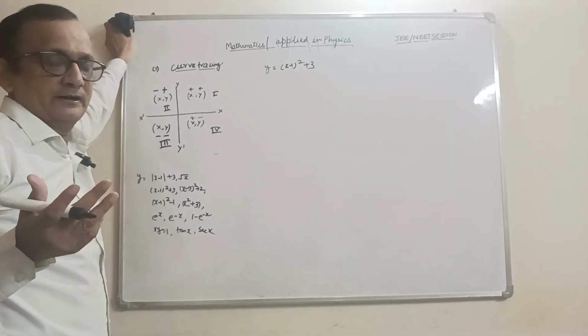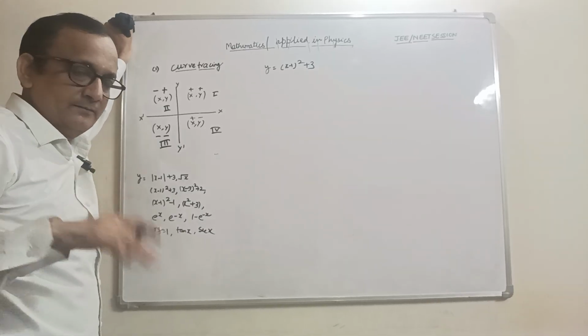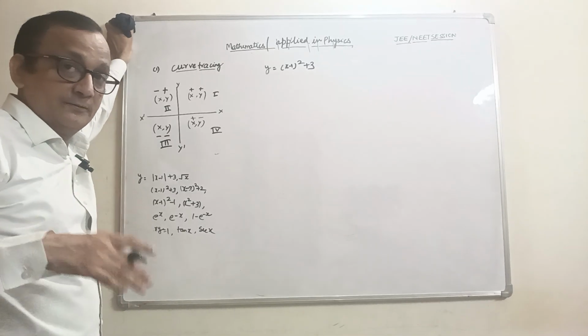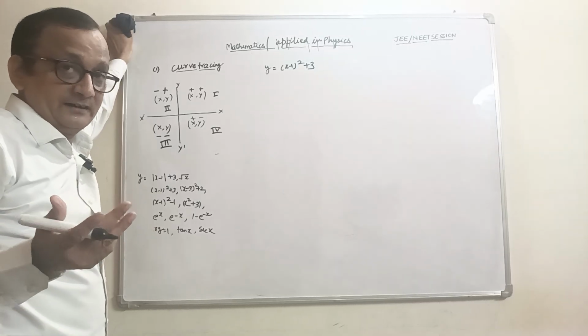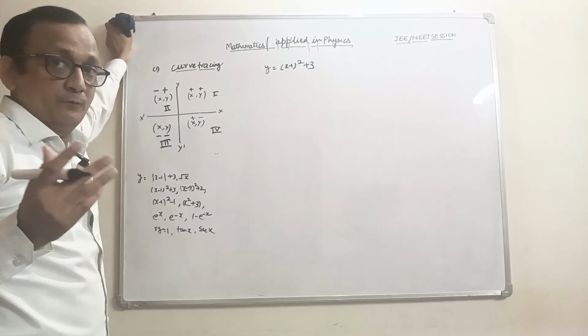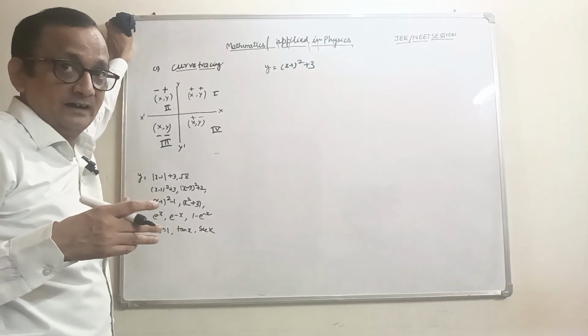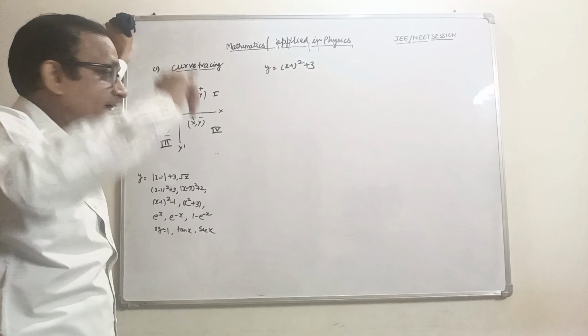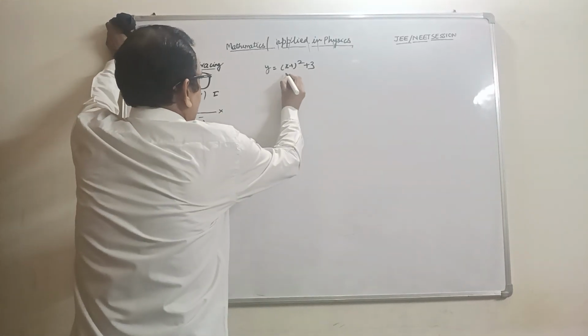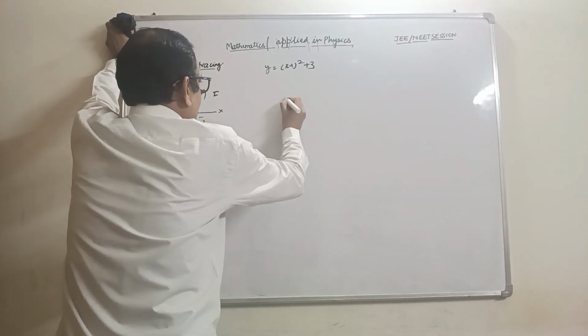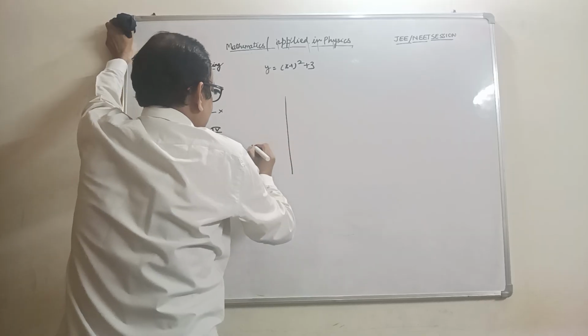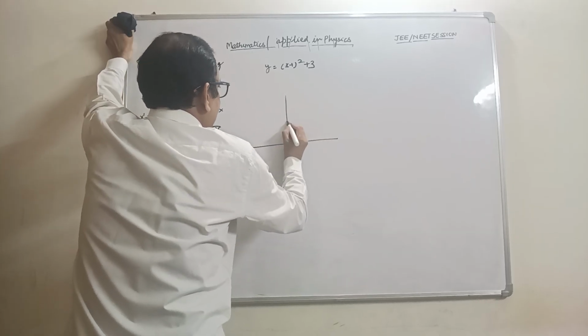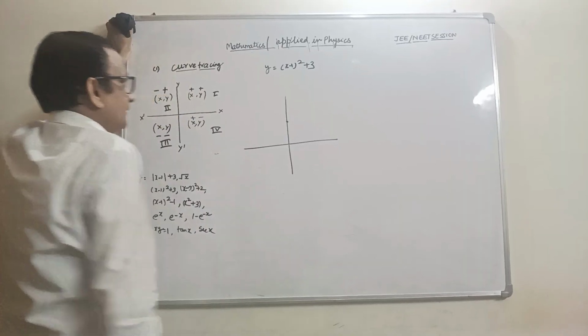For the positive and negative values of x, y would be positive, in the first and second quadrant. So this would be symmetrical about the y-axis. The intercept of the y-axis is 3.